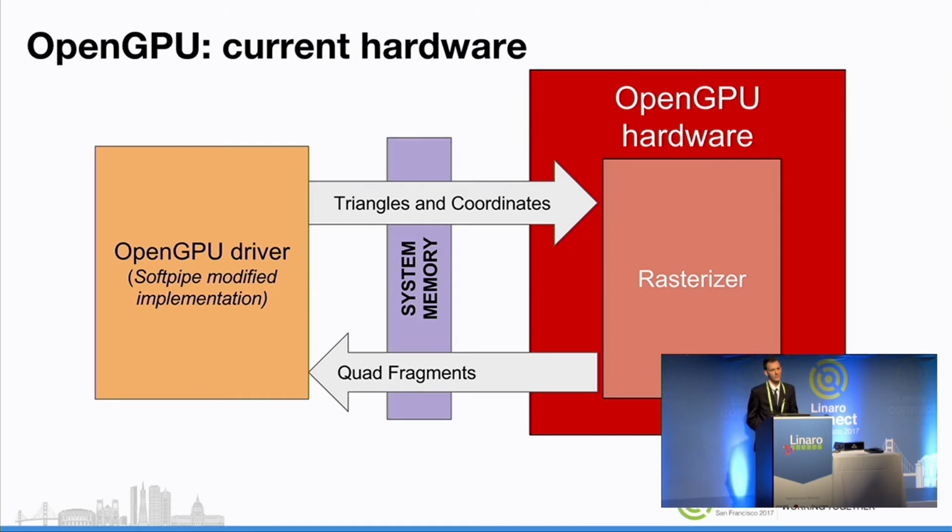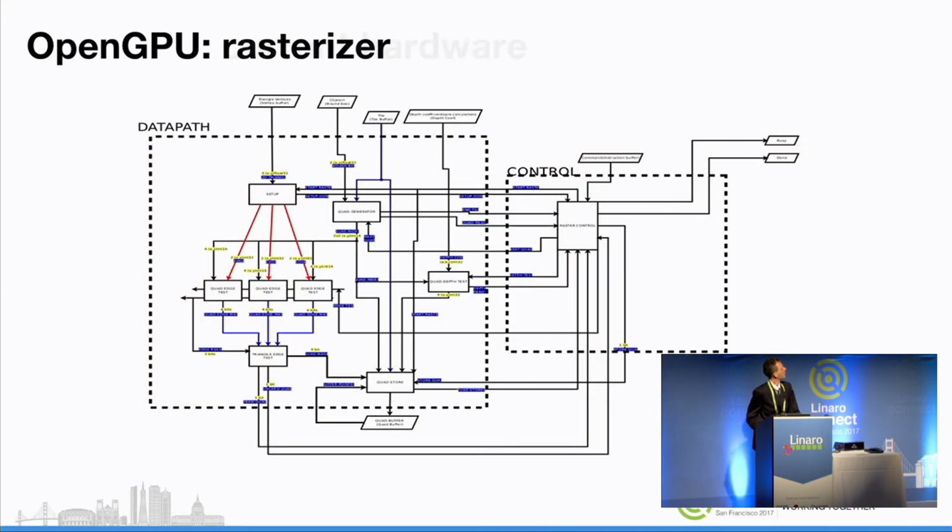Quad fragments are basically the pixels processed about the triangles, no? So here, just for demonstration, if anyone wants, I can show on my computer the diagram.